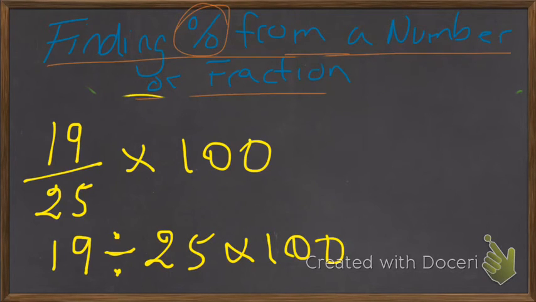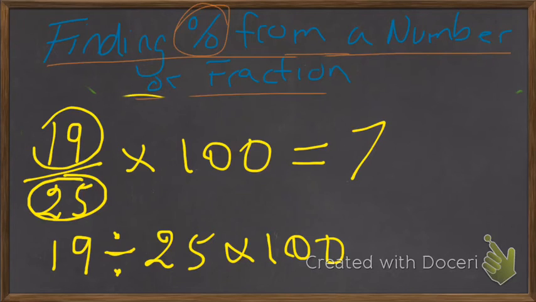So when you, on your test, let's say it's out of 25, and you got 19, how are you going to find that percent? Your numerator is always going to be less than the denominator, and then you times 100, and that is going to give you 76%. It's another way of doing it.